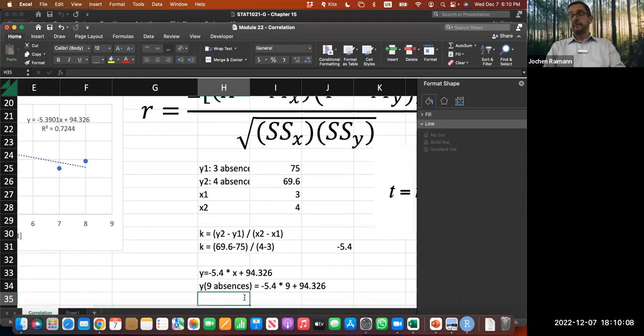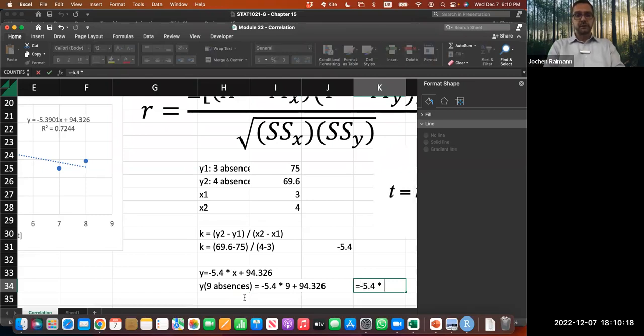Right? And at that point, it's simple because the only thing you need to do is punch this into Excel as minus 5.4 times 9 plus 94.326.